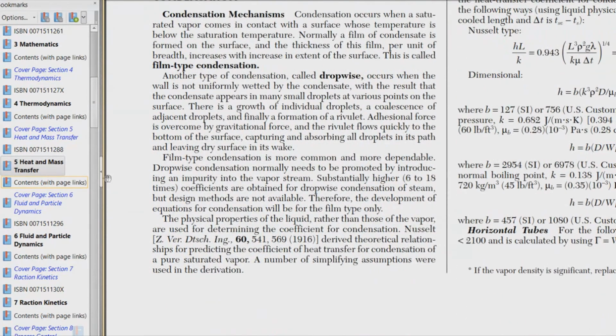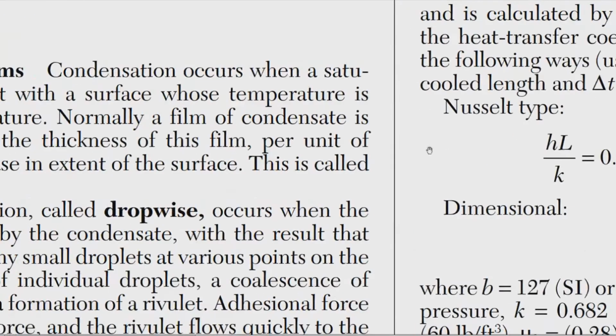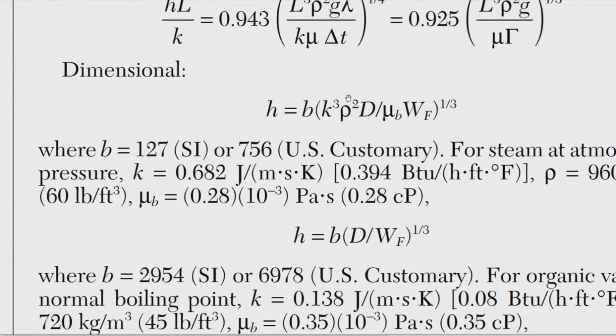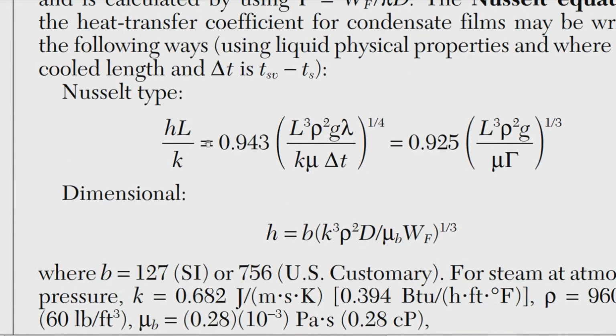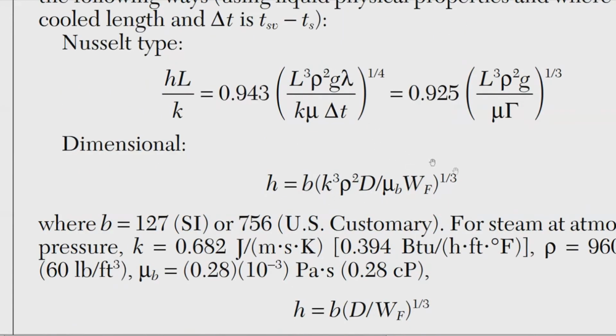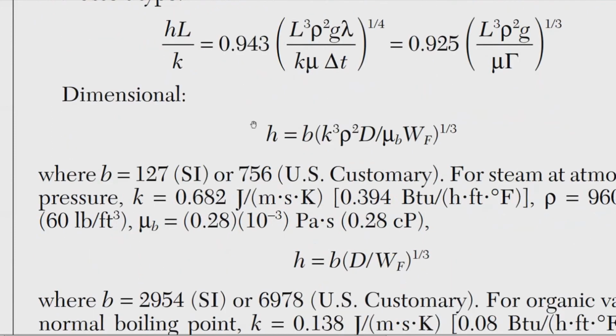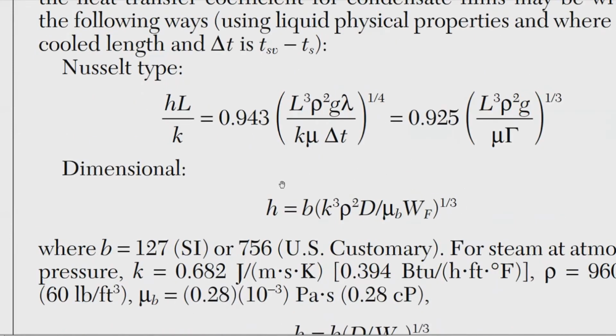I have actually written that in your module, but I realized that I wrote the dimensional form and not the nozzle type. These two are equal, but there are cases when the nozzle type is a lot easier to use than the dimensional one, because this W F, as I mentioned before, is something like the flow rate of the steam that is being condensed outside.